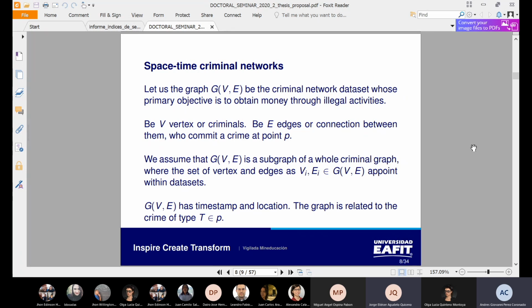We assume that G(V,E) is a subgraph of a whole criminal graph. We say that because our data set, and the police and the state instruments and technology, don't have the capacity to get every criminal in the world, every criminal in the city, every criminal in a country. So we just get a small part of a whole criminal graph. So we have V sub i and E sub i belonging to G(V,E), a point within the data sets.